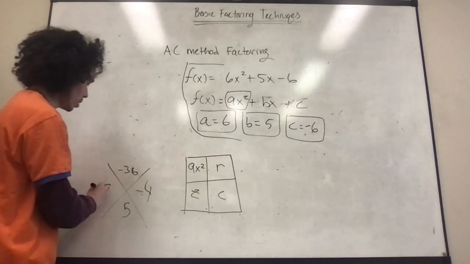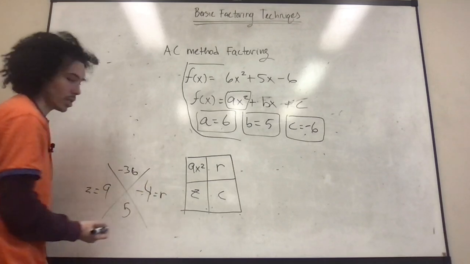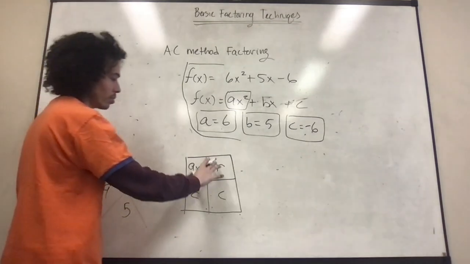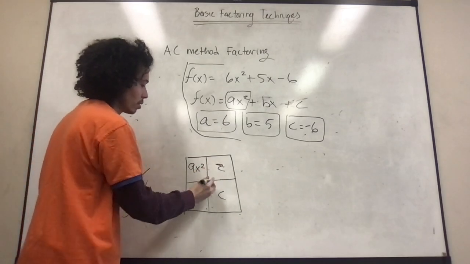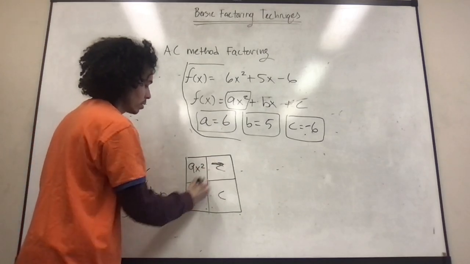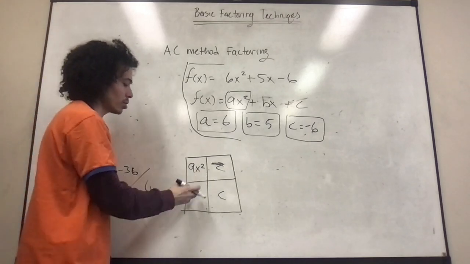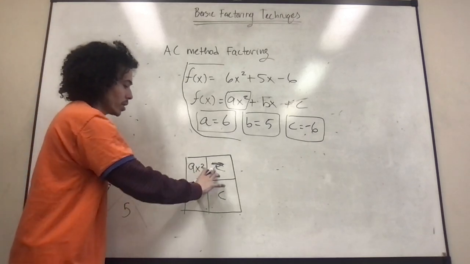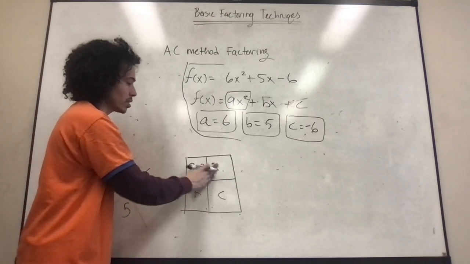So the numbers we computed, z and r, you can put them on these corners. z or r, these are interchangeable. Just make sure that your z and your r terms go in either one of these two boxes.